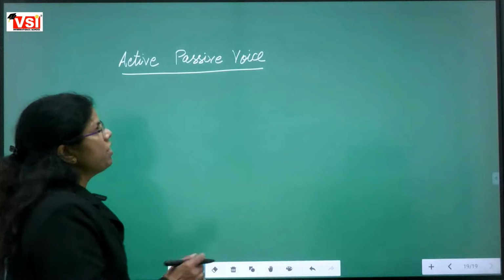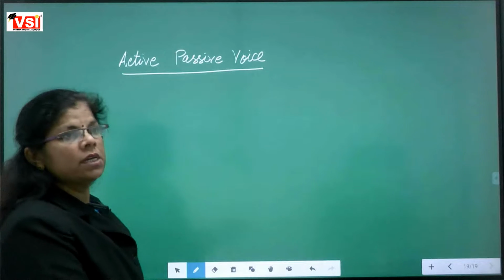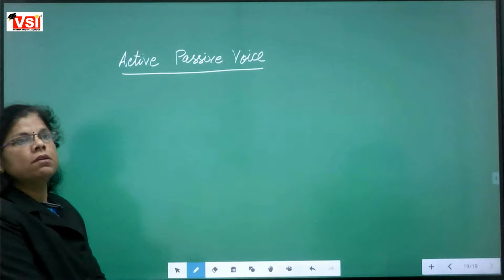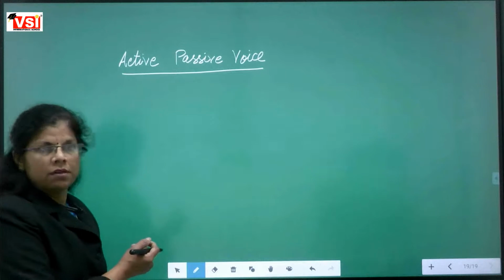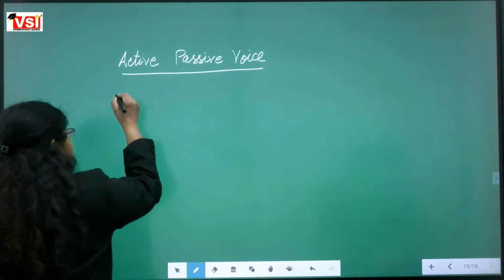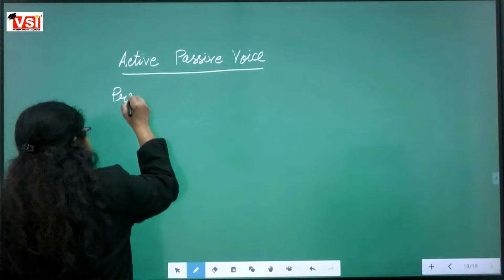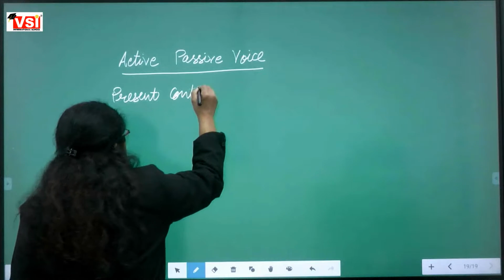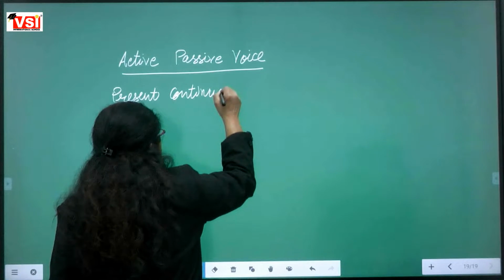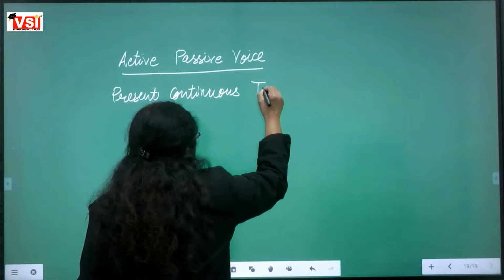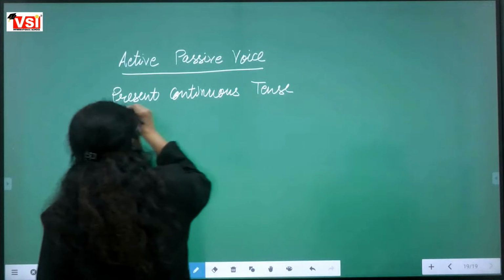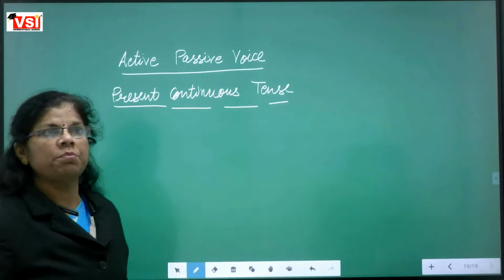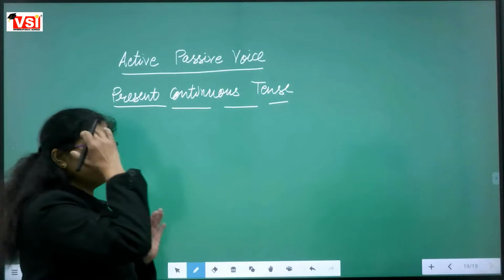So right now we are discussing how present continuous active sentences are changed into passive sentences. Got it? Present continuous sentence. That we are going to discuss right now.